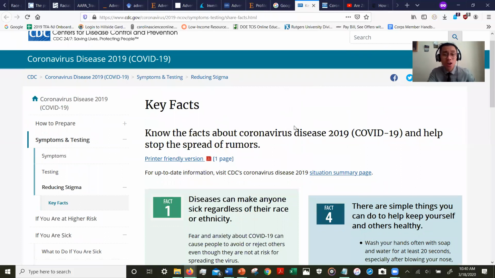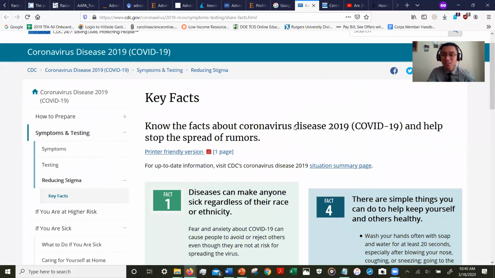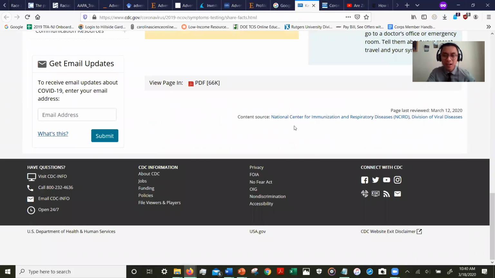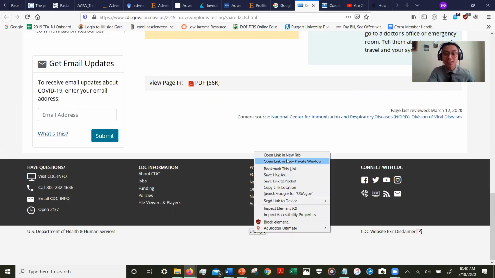Now, are there authors for this? I'm looking through it and there's no particular name, but I already see down here, and this is where you usually find the evidence, that this is part of the U.S. Department of Health and Human Services. This is part of USA.gov.